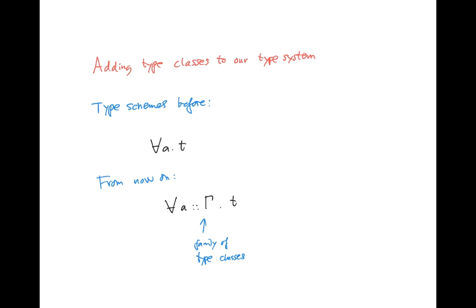An expression which has this type scheme has the type for every type in the type classes.